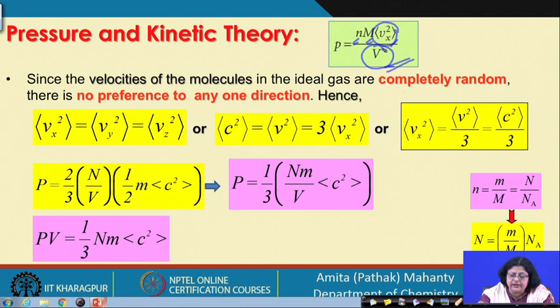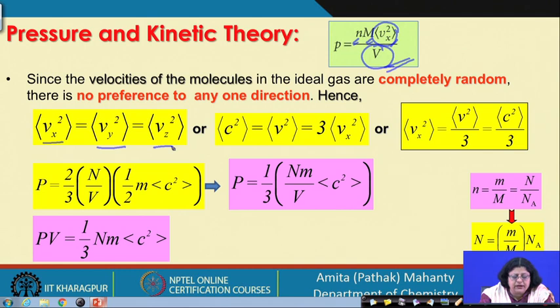Now, since the molecules are in complete random motion, there is no preferred direction that the molecules will go in x or in y. The molecules have an equal chance of going in the x direction, the z direction or the y direction. There is no preferred direction.